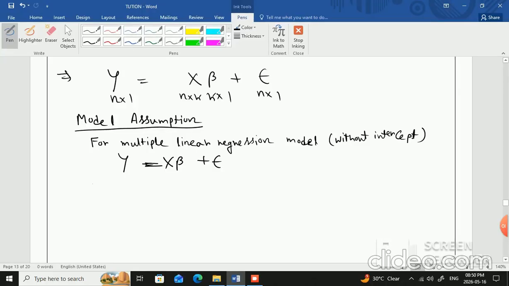The first assumption is epsilon follows IID normal 0, sigma square In. That means epsilon is identically distributed, that is, it follows a normal distribution with mean 0 and variance sigma square.